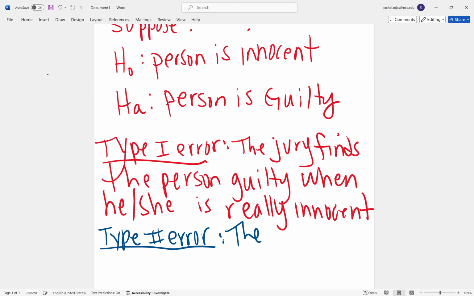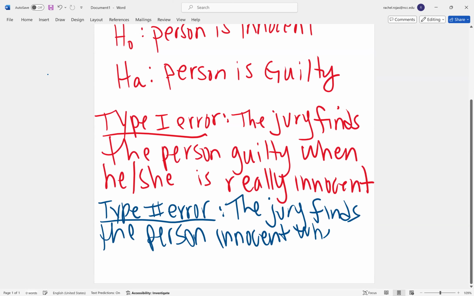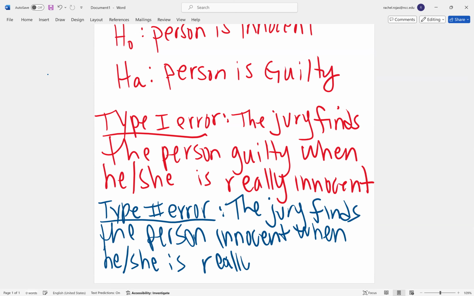So the jury finds the person innocent when he or she is really guilty. Okay. So just another example of the difference between a type 1 and a type 2 error.